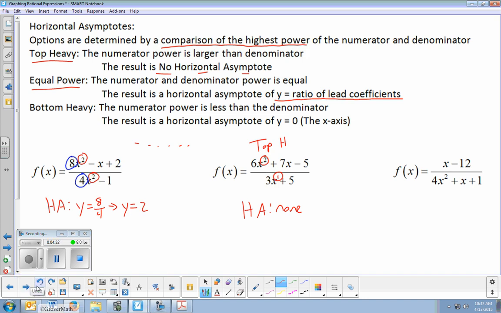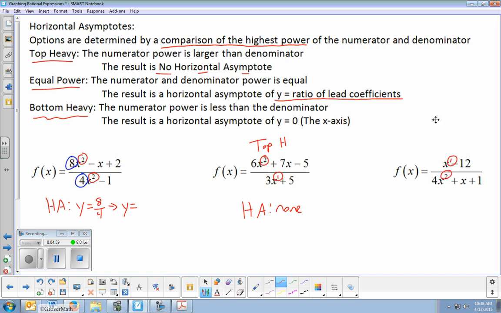All right, and the last scenario is bottom heavy. Bottom heavy, which you could probably guess, is when the bottom, the denominator, has the higher power. Like in this last example, the highest power of my numerator is 1 and the highest power of my denominator is 2. The bottom is larger.